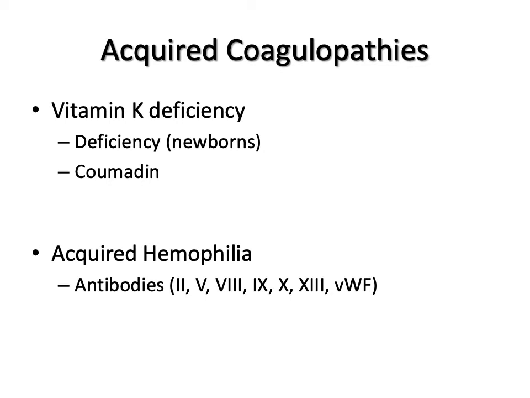Acquired hemophilia is usually associated with an autoimmune disease such as rheumatoid arthritis and lupus, and pregnancy, about 5 months after delivery. Patients will have normal protimes and thrombin times, but abnormal PTTs that will correct with mixing studies and confirmed with factor assays. Treatment consists of immunosuppressants.